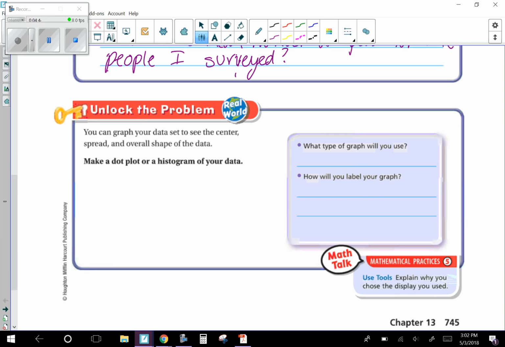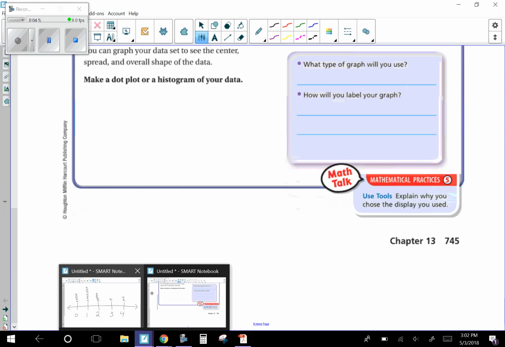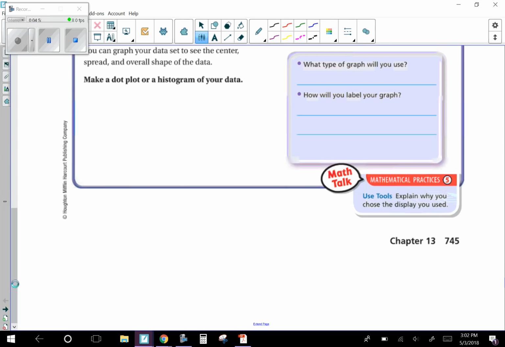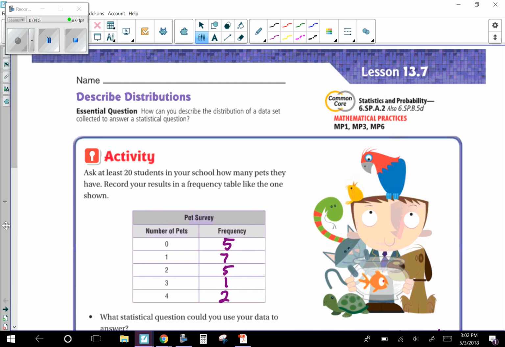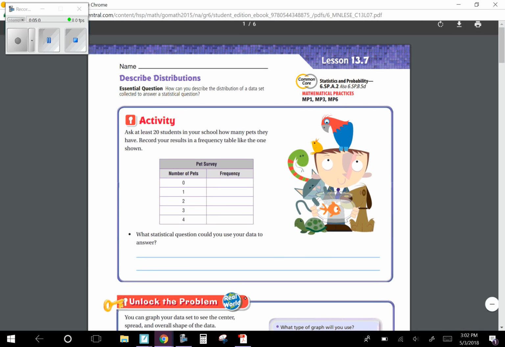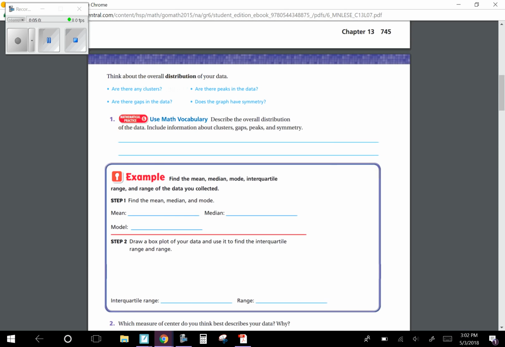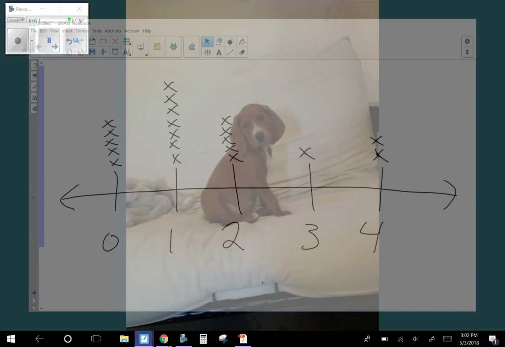And then let's look at the next section here. Think about the overall distribution of your data. Are there any clusters? Are there any clusters with my dot plot here?